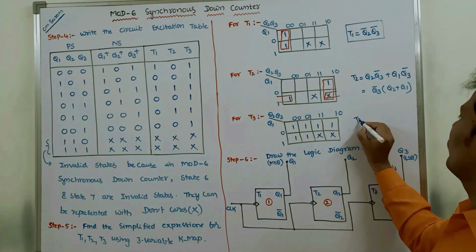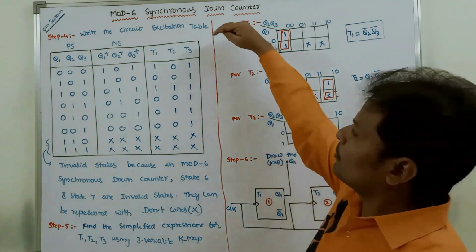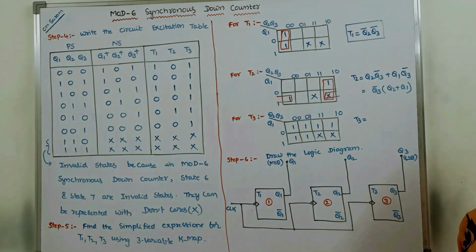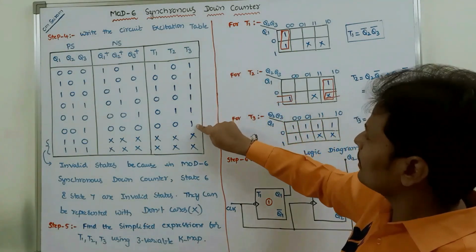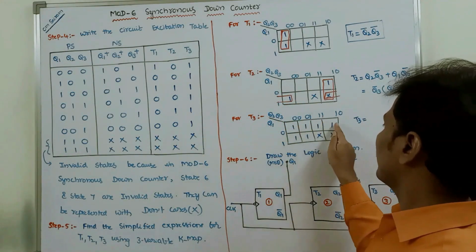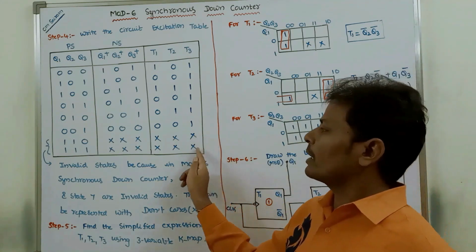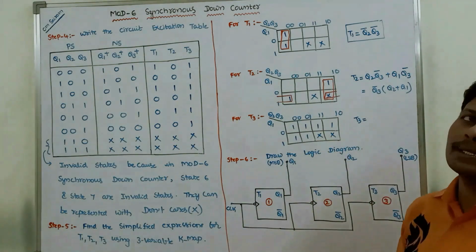We have to find out the Boolean expression for T3. So observe the T3 column and write the ones and don't cares. Here 6 ones are there, so we have to write 6 ones. At two combinations, the don't care combinations 1 1 0, 1 1 1, we have to place don't cares.